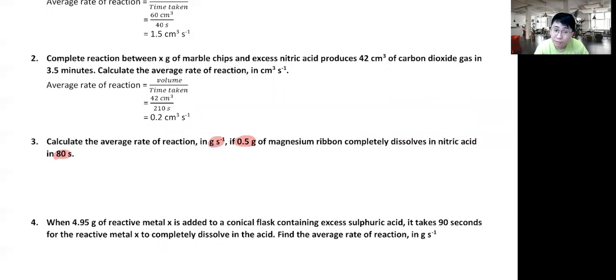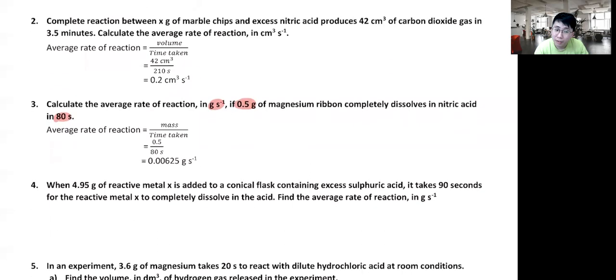Just take 0.5, which is your mass, over time. Do you see why this question is mass over time? Because it is given the mass, right? The formula allows you to use mass or volume, up to you, doesn't matter. Okay, so pause here. The answer is this, 0.5 over 80.